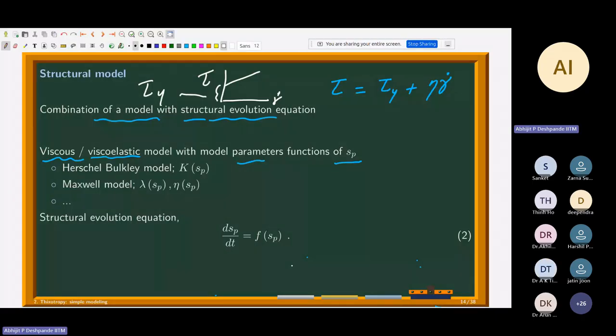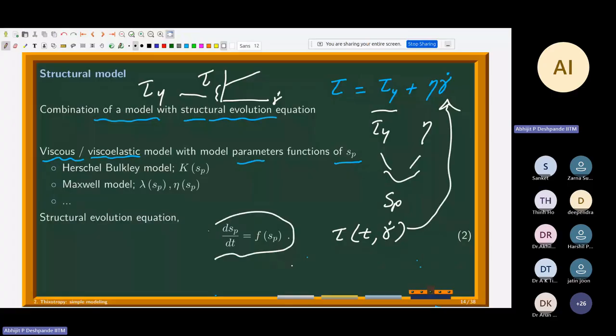For a Bingham plastic, if we want to make it into a thixotropic material, then we say that tau y and eta may both be dependent on the structural parameter. Depending on the state of the structure in the material, the yield stress or the viscosity exhibited by the material will change. So we can say that tau in the material will be a function of time, strain rate and so on through an equation like this.